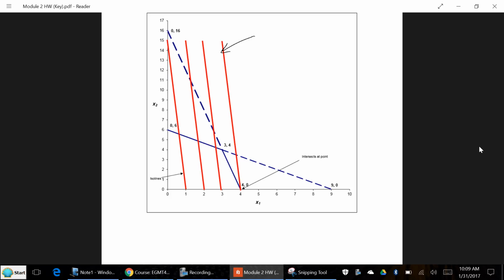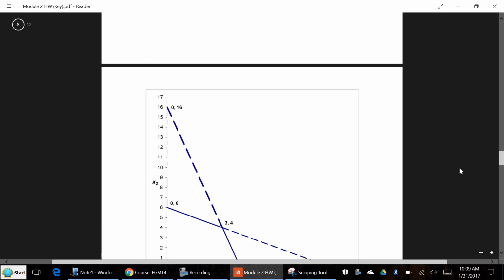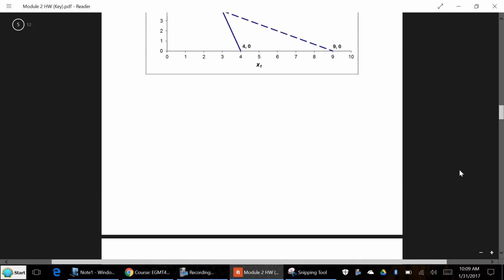But can anyone explain to me what these red lines really are? Well, why do we have multiple ones? If you can't, that's fine. Yeah, so it's very similar to that.